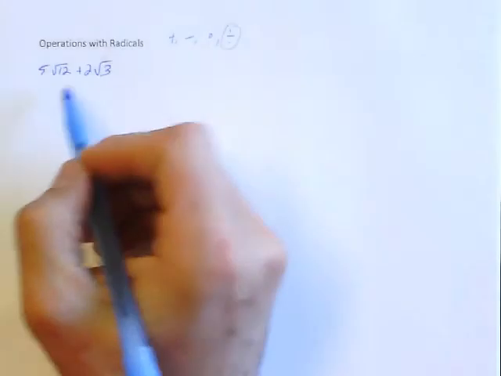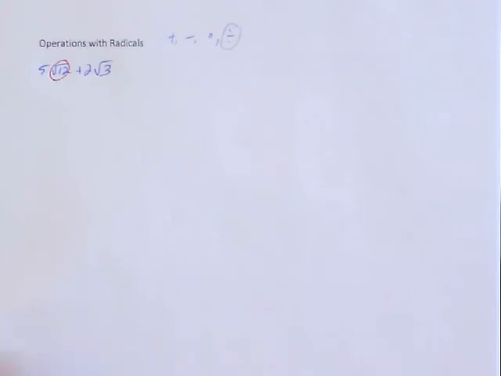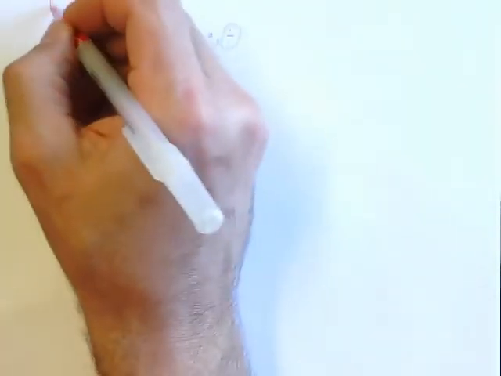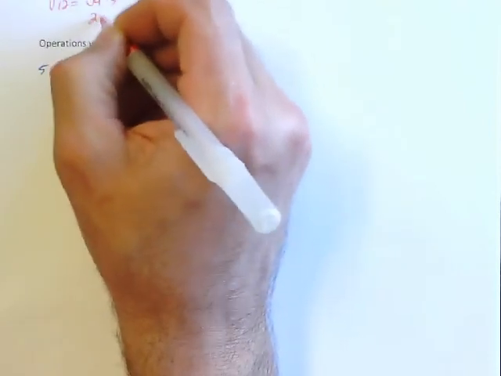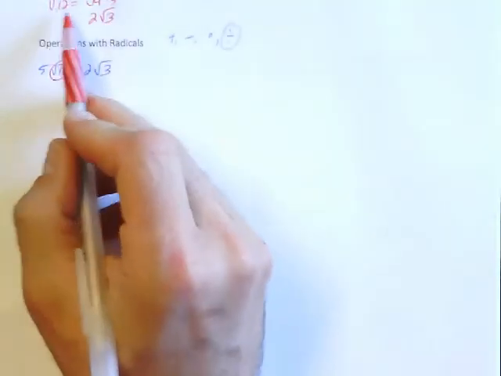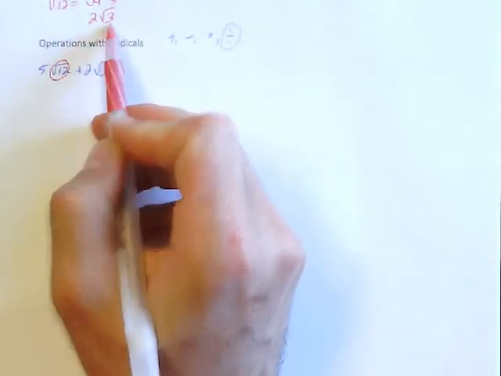All right. So if you had 5 radical 12 plus 2 radical 3. All right, well, these aren't like radicals, so you just can't combine them as you see fit. The radical 12 needs to be simplified. All right, radical 12 is 4 times 3, so it's 2 radical 3.